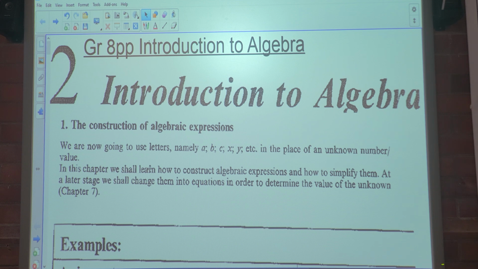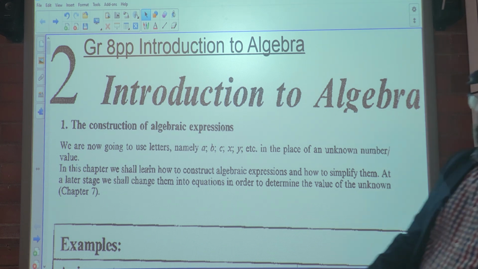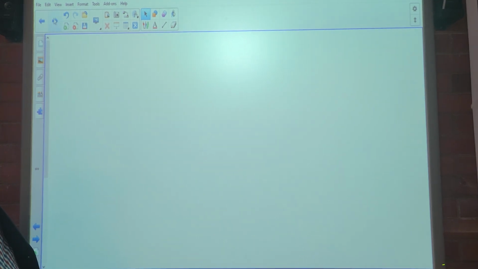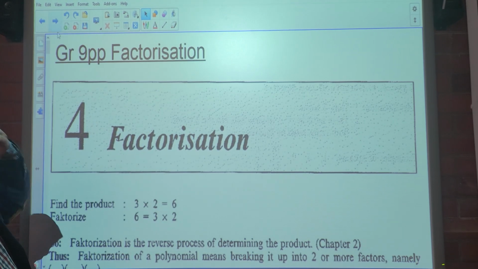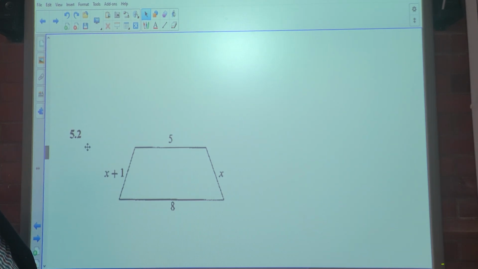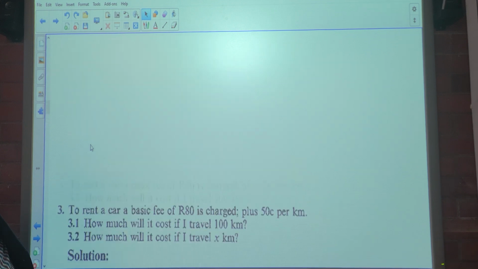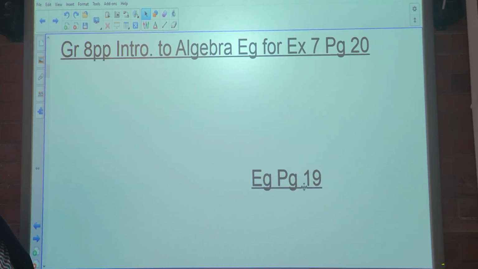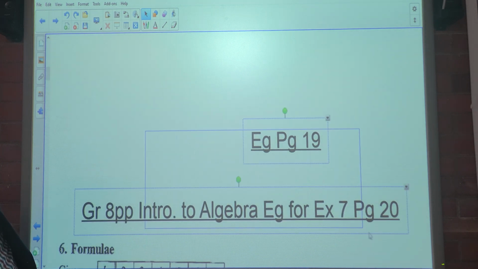So today we're looking at Introduction to Algebra. The lesson today is on forming. So examples for exercise 8.